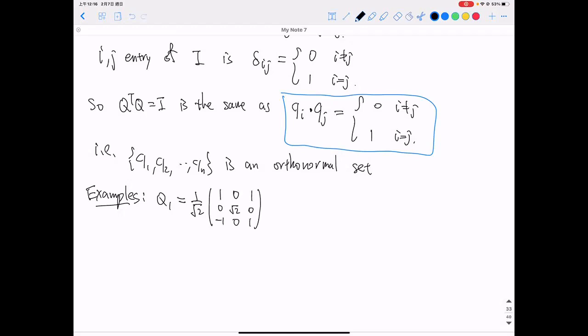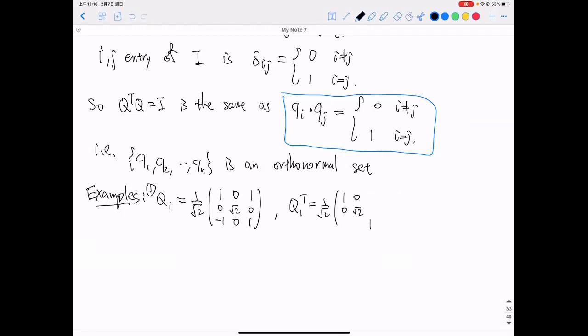Suppose we consider this matrix, and we want to verify whether it's orthogonal or not, we just have to compute Q transpose Q, right?